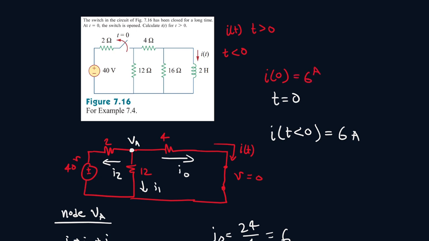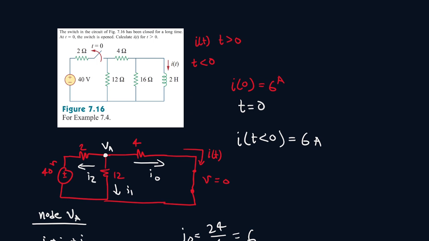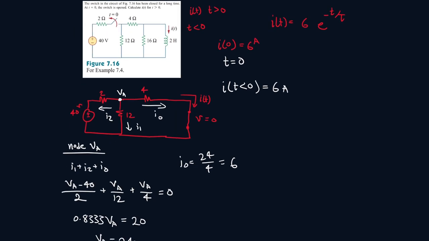Okay. Now we can start by writing our equation down to solve for I of t. I of t will be I at 0 times e to the power of minus t over the time constant. So we already know what I0 is. It's 6. Now we have to find the time constant. So let me just erase all of this.